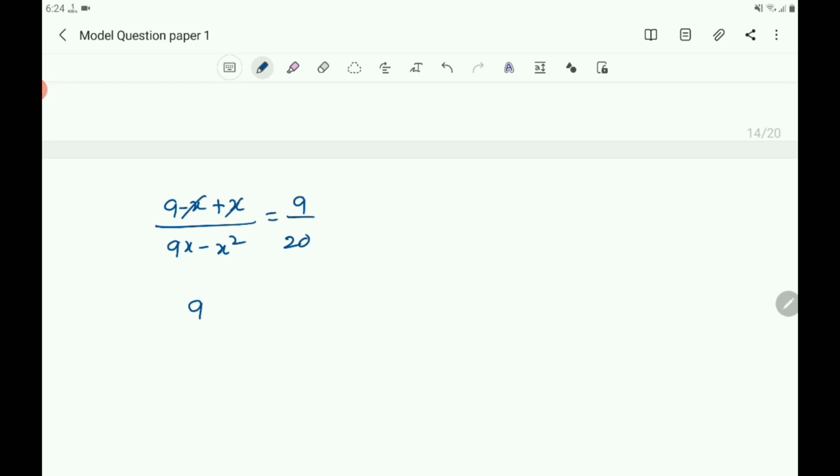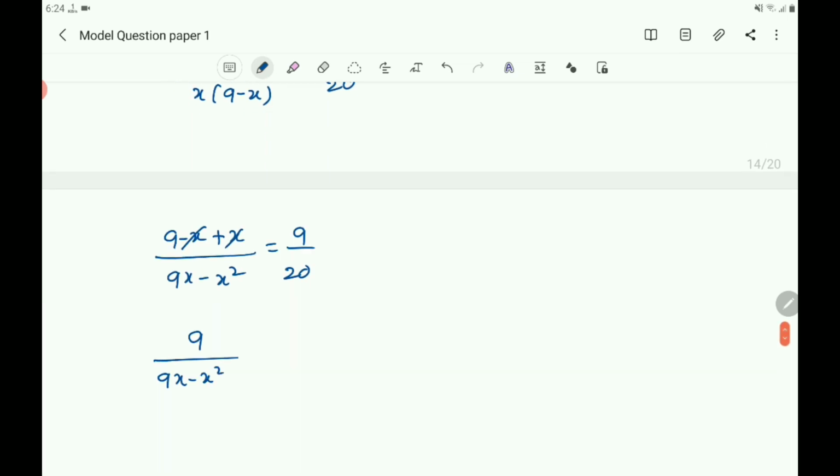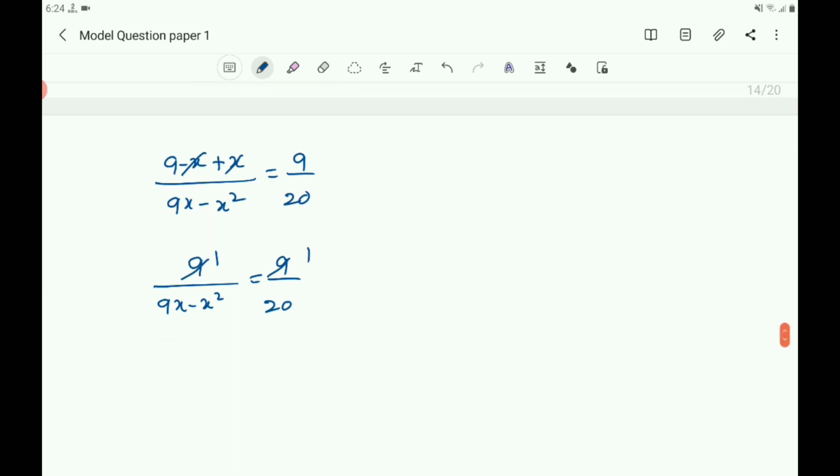What is remaining here? 9 by 9x minus x square equals 9 by 20. Here you can cancel the 9s, as they are in the numerator of the LHS and RHS. Then what is remaining? 1 by 9x minus x square equals 1 by 20.